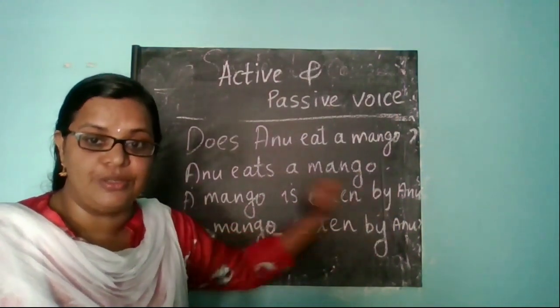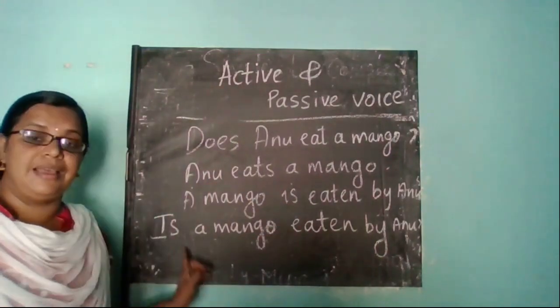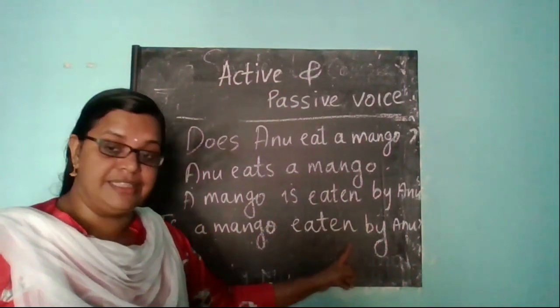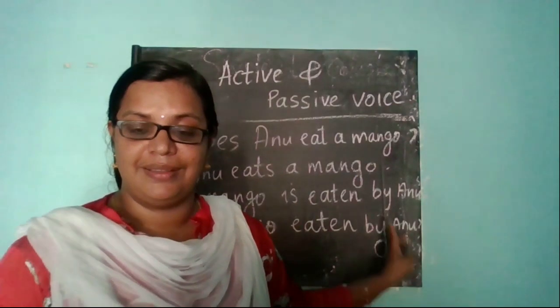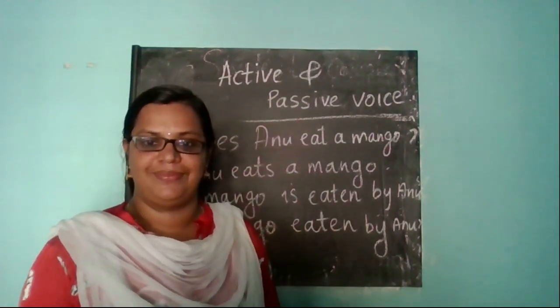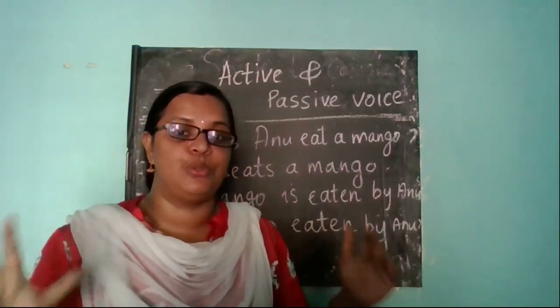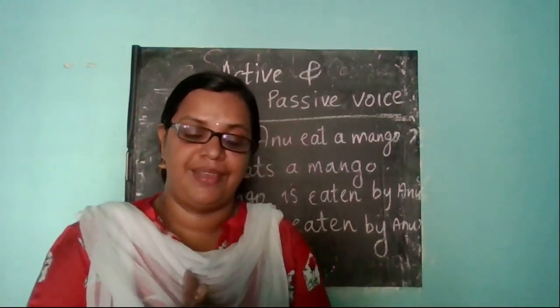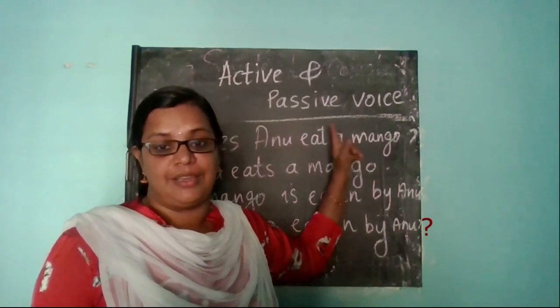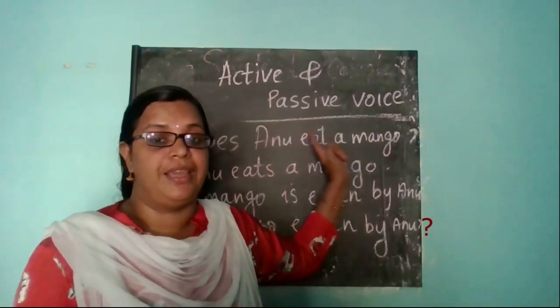Change this sentence into interrogative. Is a mango eaten by Anu? This is your answer. Always remember, the answer also should be in question form, as the question is in interrogative form.